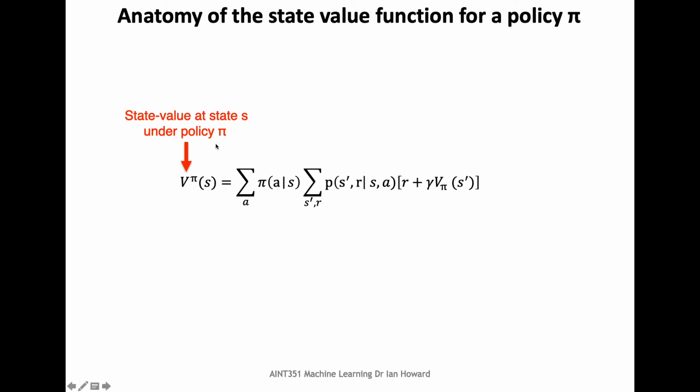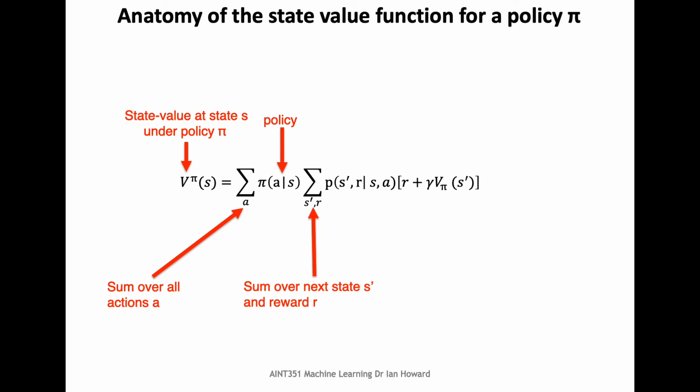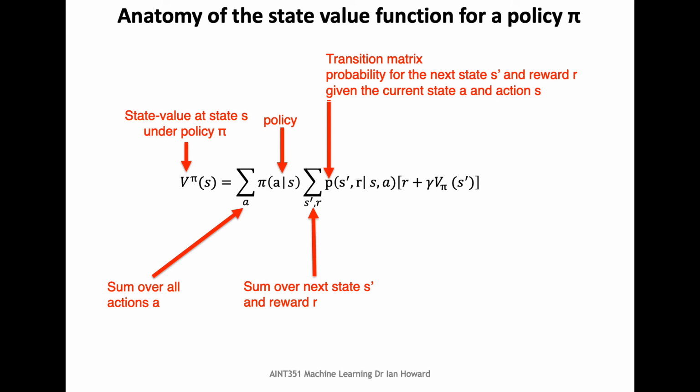The state value at state S under policy pi is found by summing across all actions using the policy, multiplied by the sum across all next states and rewards given the transition matrix, which is the probability of the next state and reward given the current state and action we take.